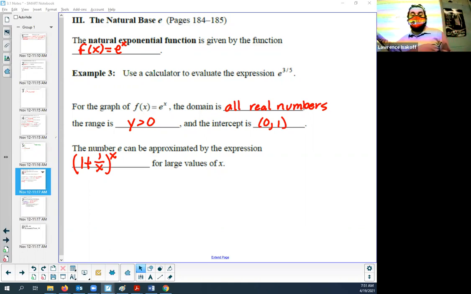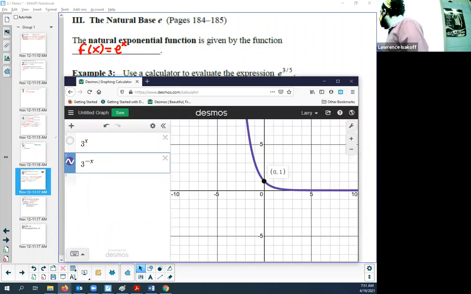And look, if you type the letter e into Desmos, it is not going to assume you're trying to make a variable or a slider or anything like that. It's assuming you're talking about the number. So use the calculator to evaluate e to the 3/5. So this is purely in the calculator.